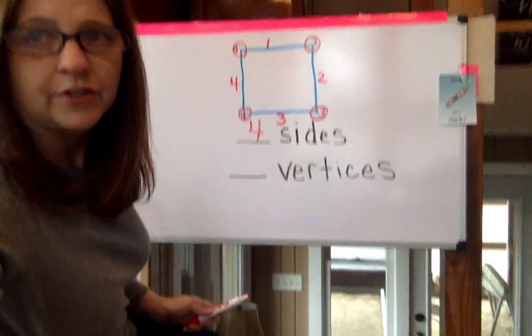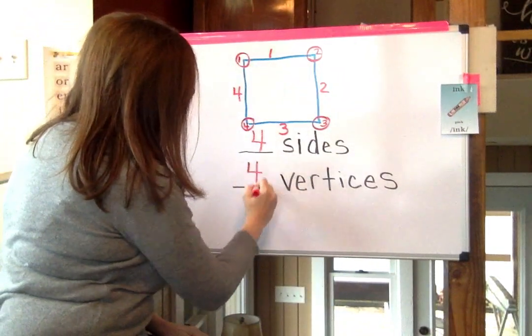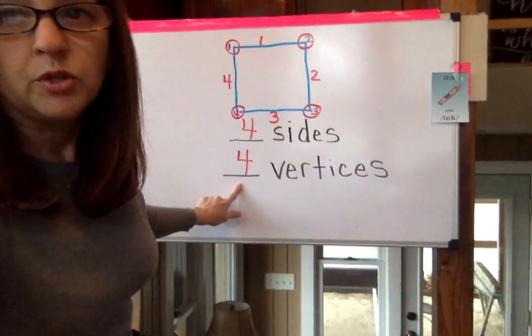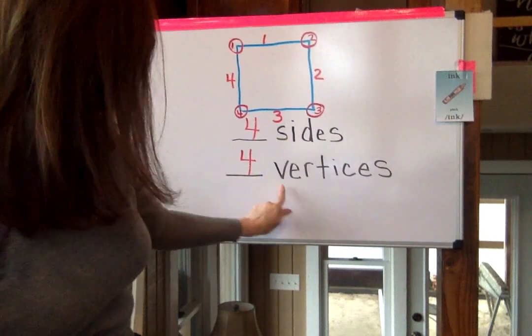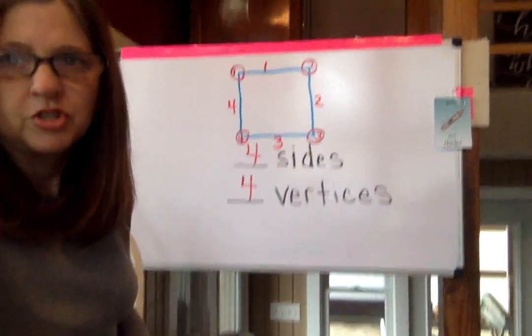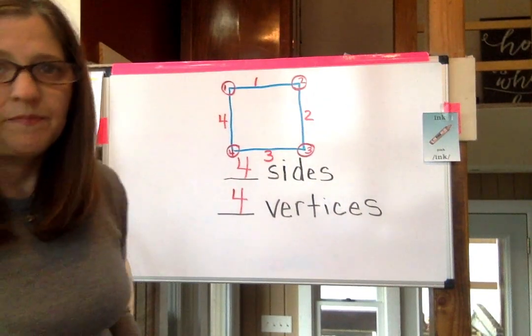So, a square has 4 vertices. Now go ahead and write that down underneath your square where it has a line and then the word vertice. Good job. All right, thumbs up when you are finished with that.